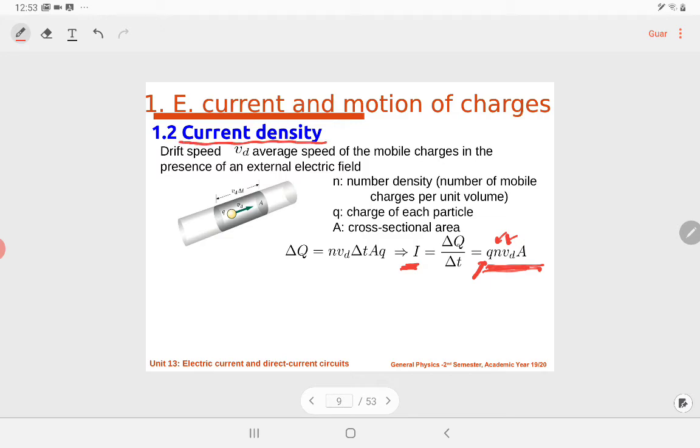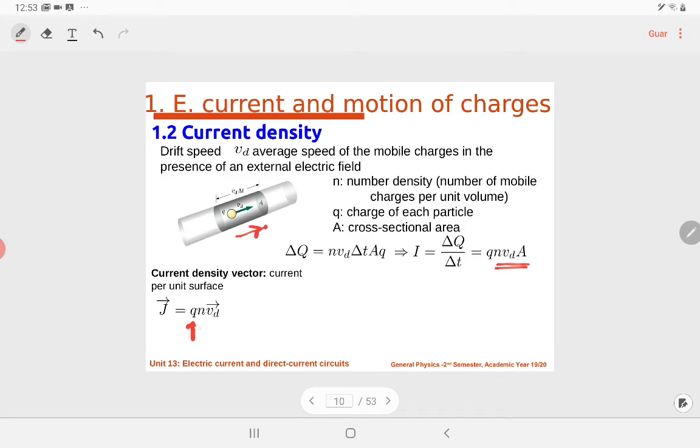So the current density is going to be a vector given by the amount of charge each mobile charge has, times the number density, times the drift speed, but this time the drift speed is also a vector. In the previous definition, it was used more as a scalar because we already knew what the direction of the current was.